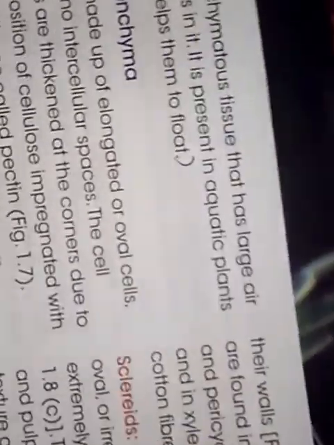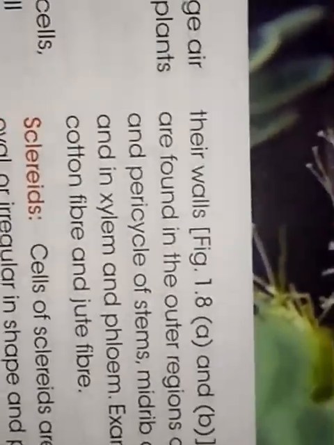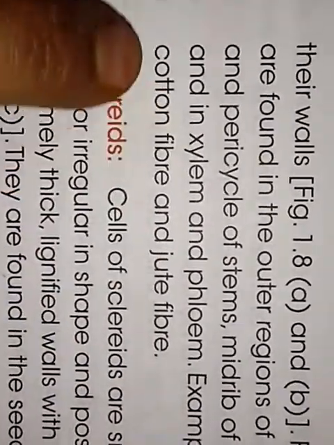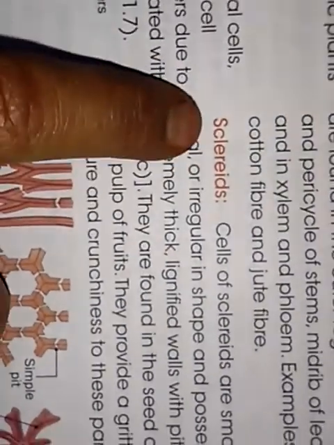Cotton is a fiber. Jute is a fiber. These are examples of fiber. Understand, students? Next we see about sclerids.